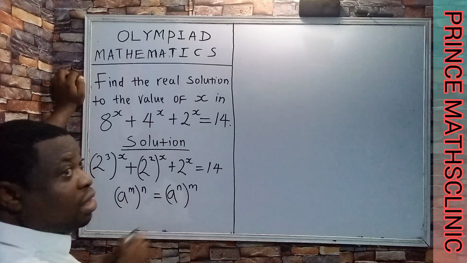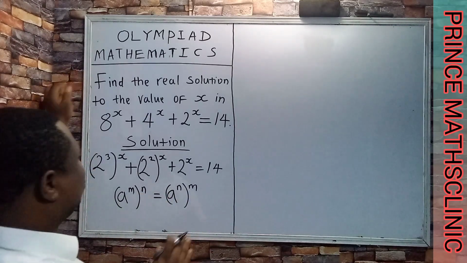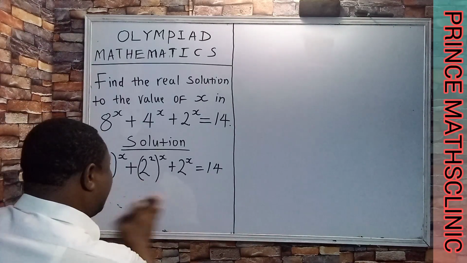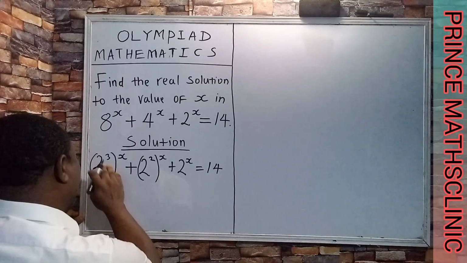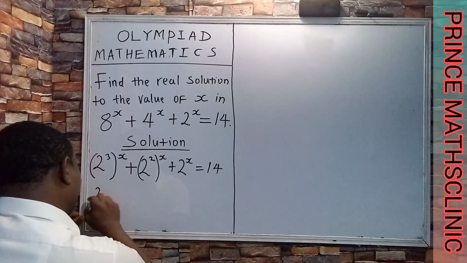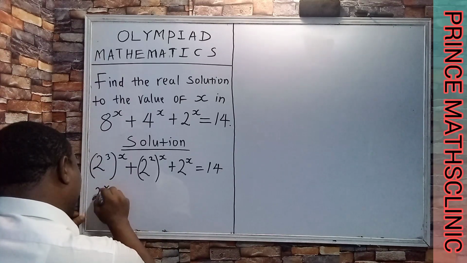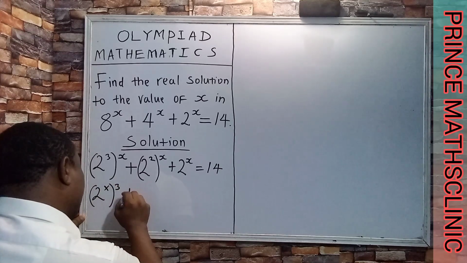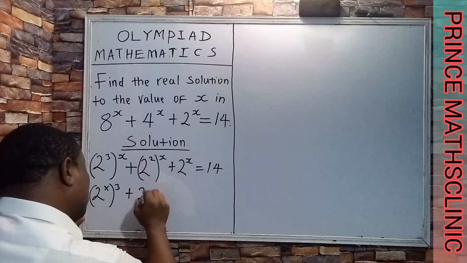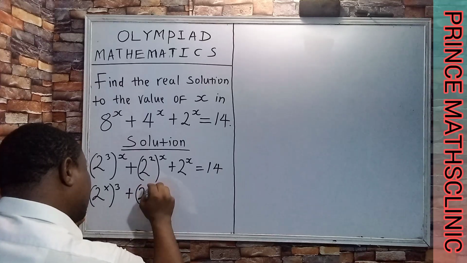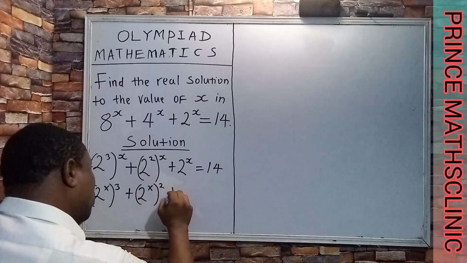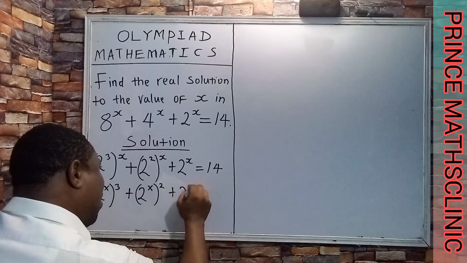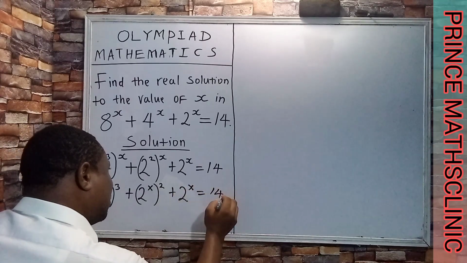So I will still obtain the same result. So I'm going to transform this to become 2 to the power of x all to the power of 3 plus 2 to the power of x all to the power of 2 plus 2 to the power of x equals to 14.